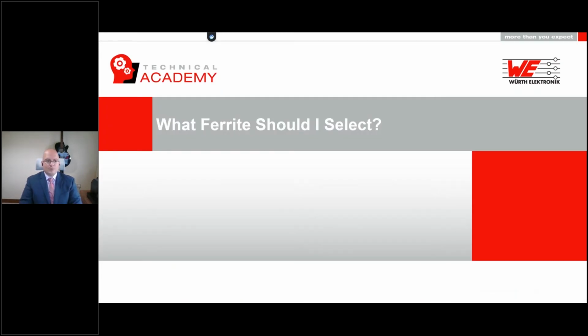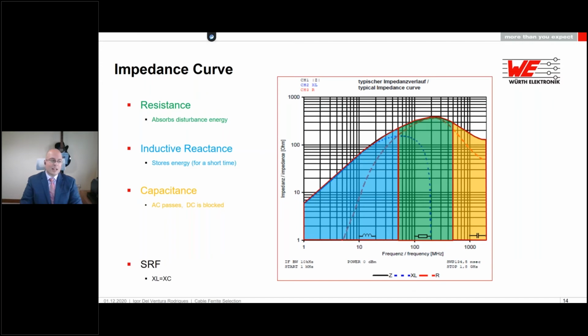All right, so after knowing this, what is the cable ferrite that I should select? In order to select the correct cable ferrite, you have to be aware of all of the parameters that you've got for your ferrite. The first one is the impedance curve. The impedance curve will describe what is the impedance that your ferrite will present on each frequency of your spectrum, right?